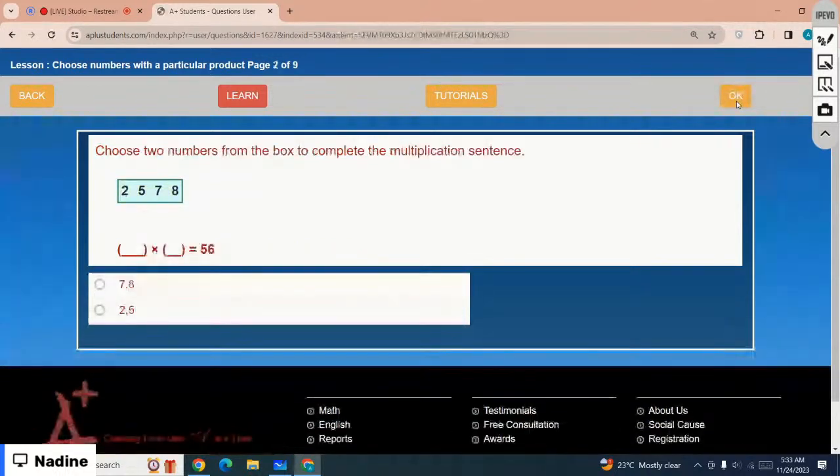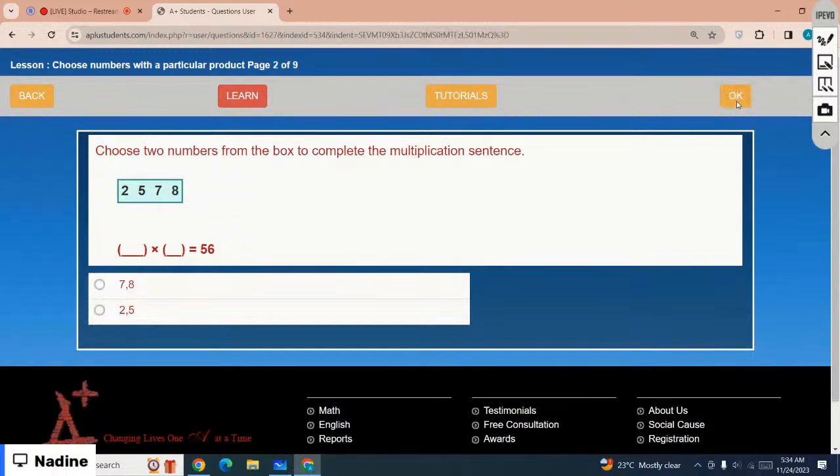Choose two numbers from the box to complete the multiplication sentence. Two numbers have a product of 56.